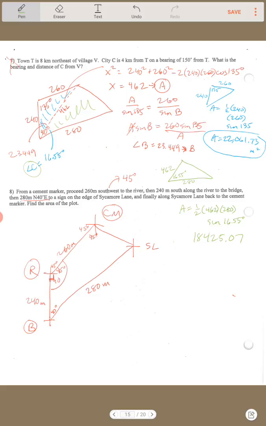And so to find the total area now of the entire plot, we just take these values and add them up. So total area is 22,061.73 plus 18,425.07. Let's add that up.